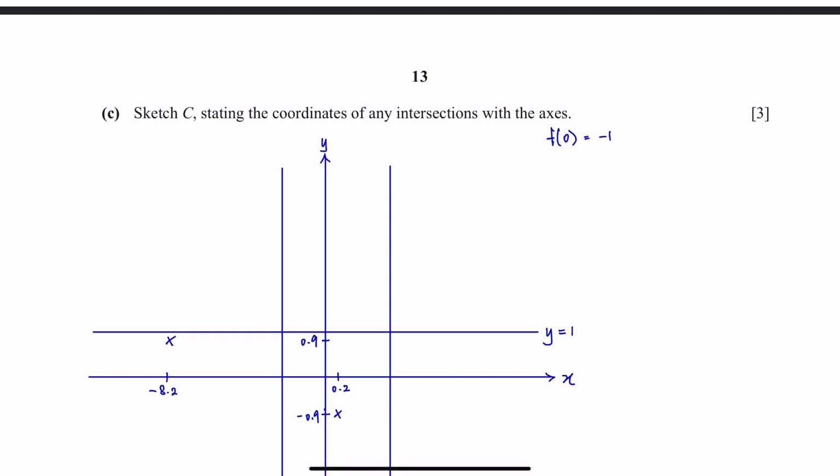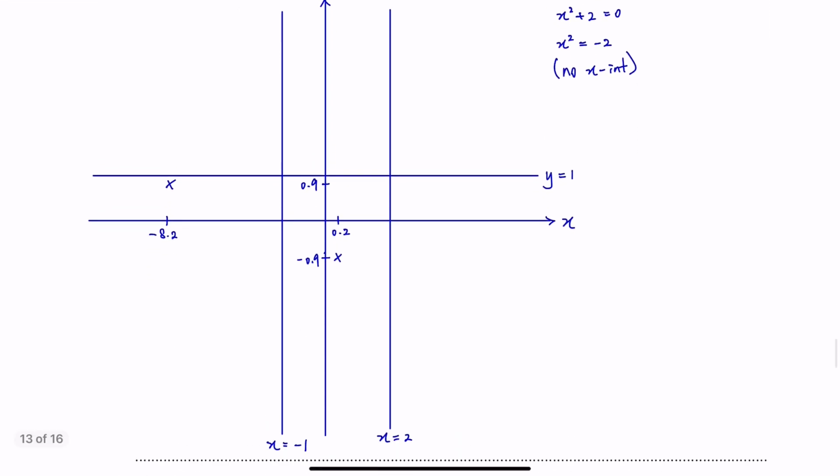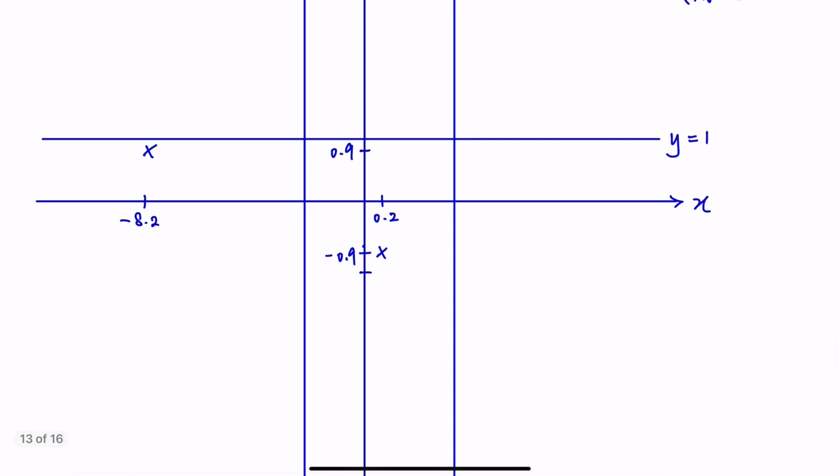And for the x-intercept, we set the whole equation to 0, which we get x squared plus 2 equals 0, and x squared is a negative number, so we have no x-intercept. So let's mark the y-intercept first. It's around here, negative 1.